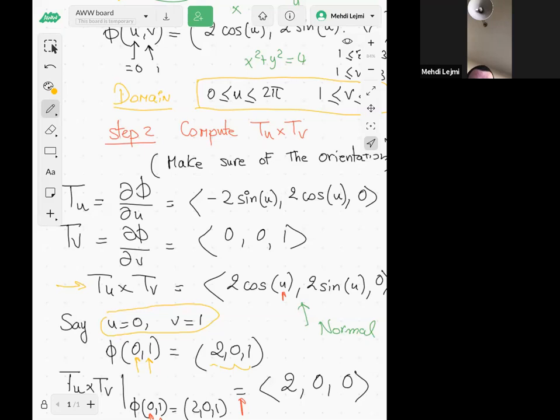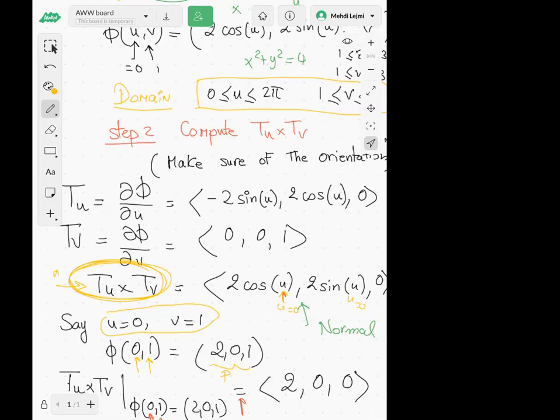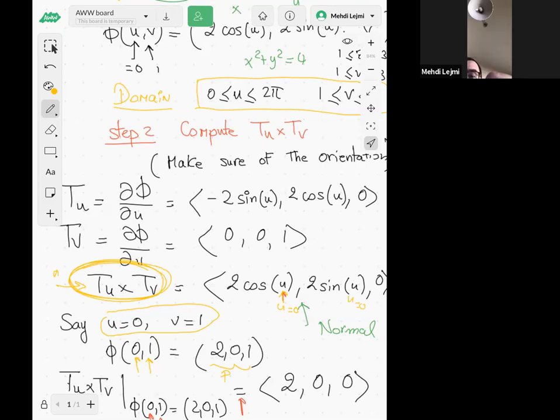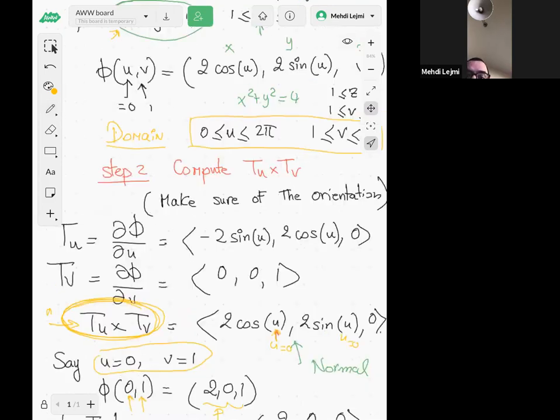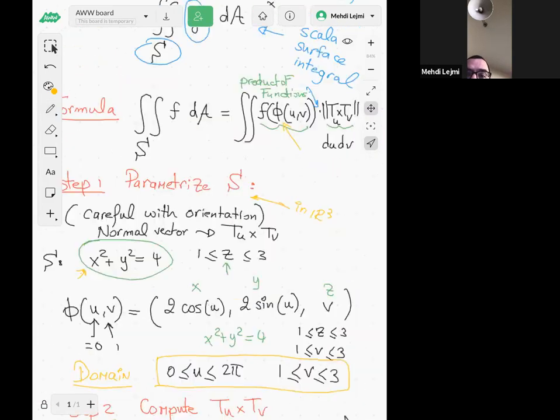That's my point. Now, if in this normal vector you replace u by 0, that will be 2, 0, 0, right? So that's my normal vector at the point 2, 0, 1. It's the vector 2, 0, 0.